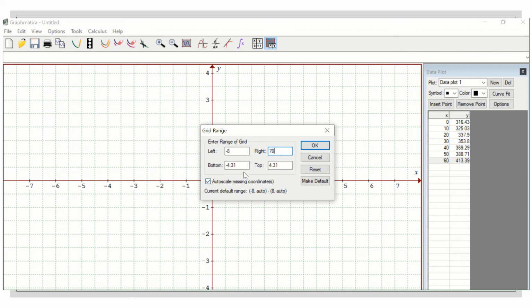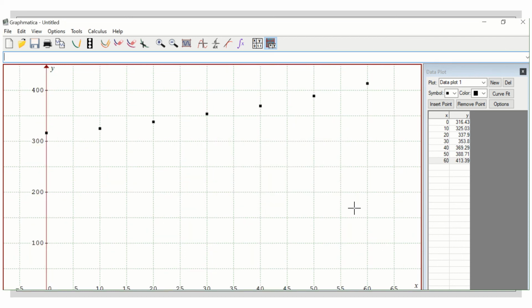For the bottom part, that's all right, -4.31. Now, for the top, meaning above the x-axis, since the largest value that you see is 413, let's just put in 450 here, and then click OK. So now you see the points that you have entered in the data plot editor.